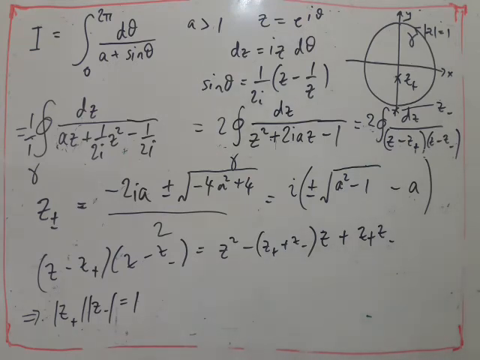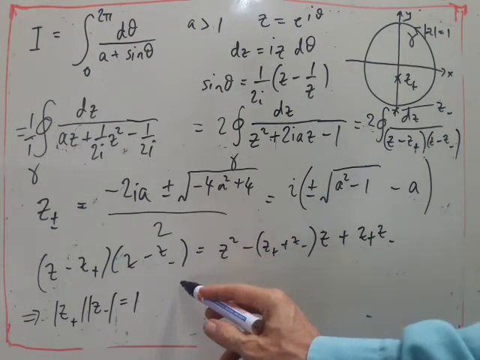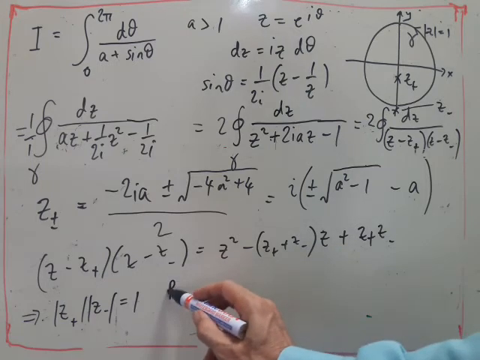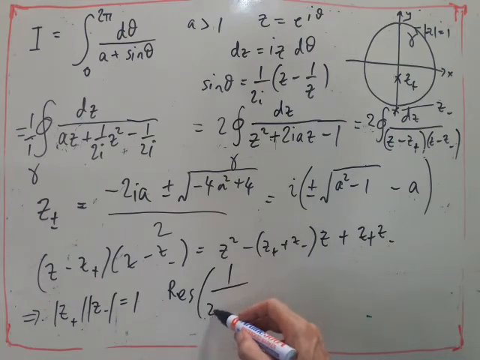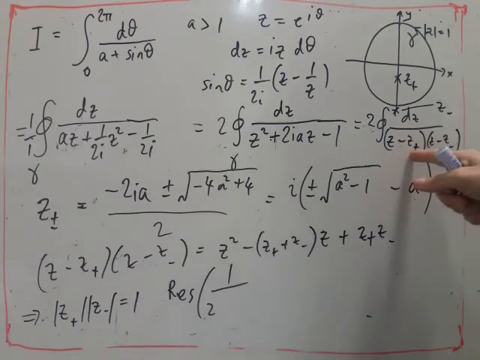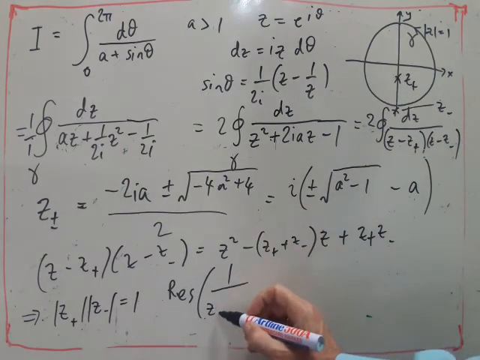So all that remains to do is to work out the residue. So we need the residue of this at z plus. In this particular case, it probably is actually easier to use the direct method.